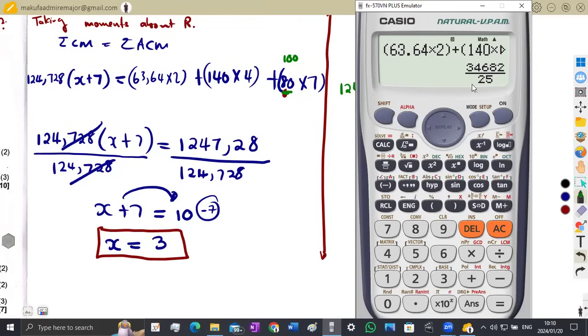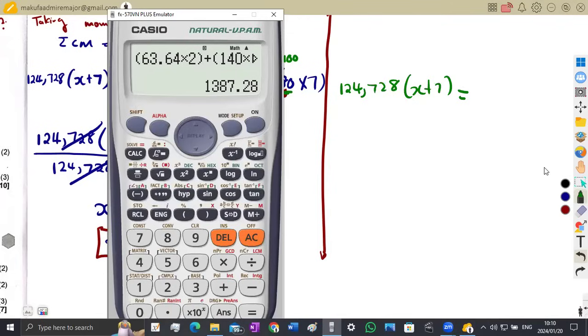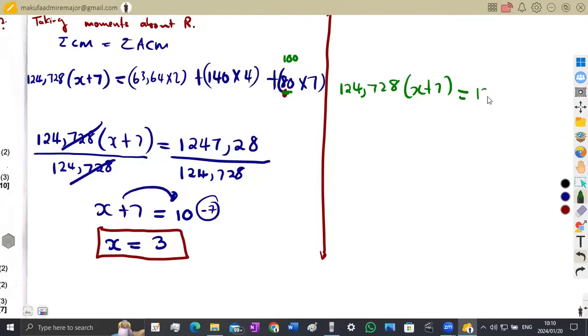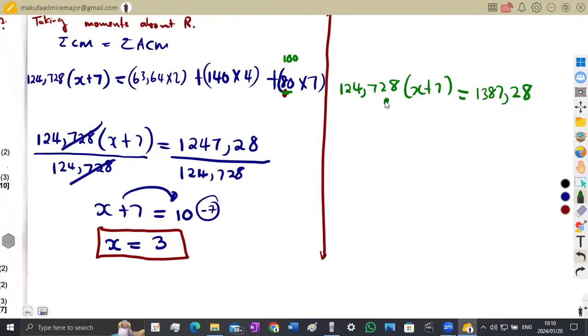If we check, we have this value: 1387.28. This is what we are obtaining here. Then we divide by this one, which was 1247.